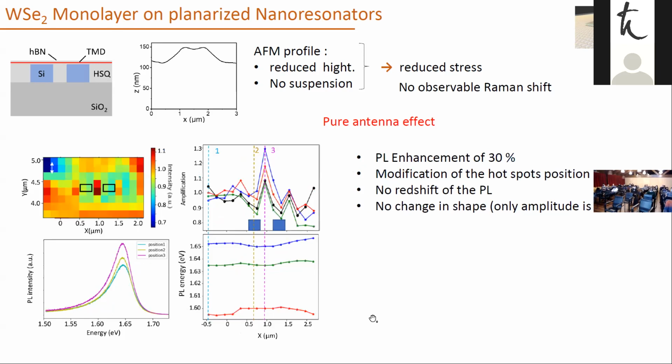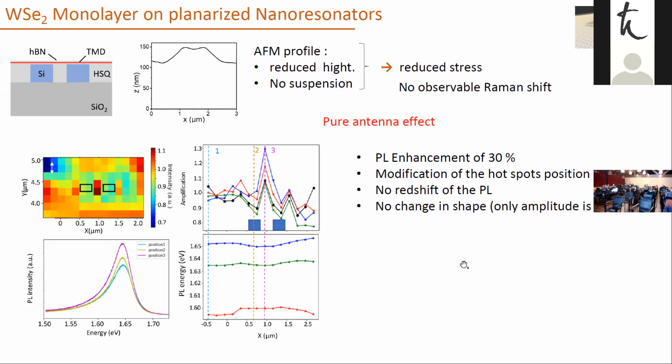If we rotate the polarization 90 degrees, we see again that the PL exaltation is now very weak, like 30%. The hotspots are localized in between both antennae and on the side. There is no redshift of the PL and no change in the shape. So as we were expecting, now we only see an effect which is linked to the Mie exaltation of the electric field at the laser excitation.